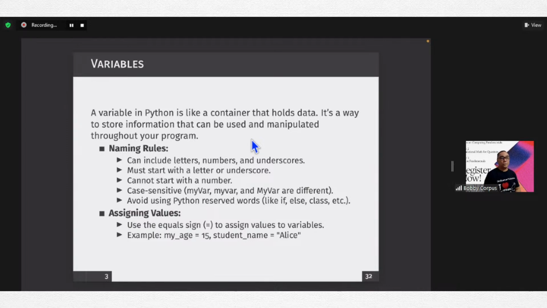So for example dito my var and itong puro small letters na my var, they are different. And also don't use reserved keywords, no, sa Python. And then when you have defined your variable now, then you can assign something into it, no? So the assignment is simply just putting an equal sign between the variable and the value.